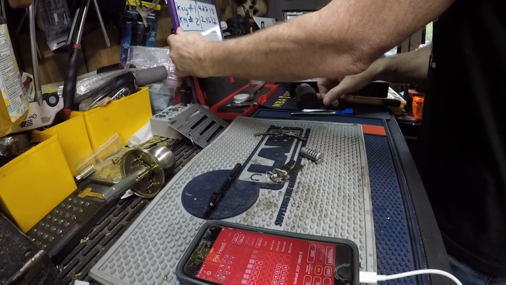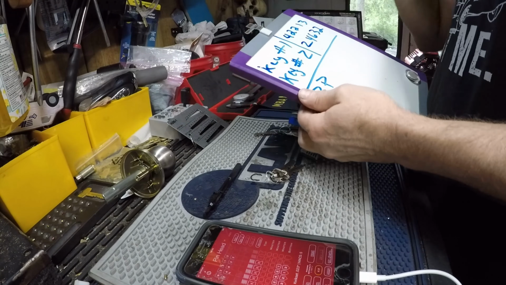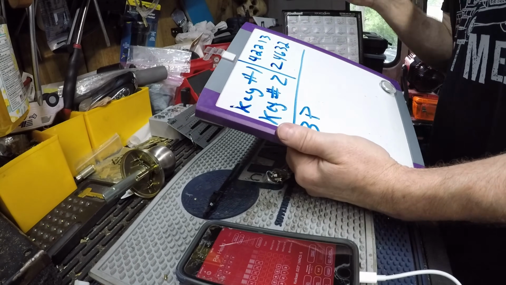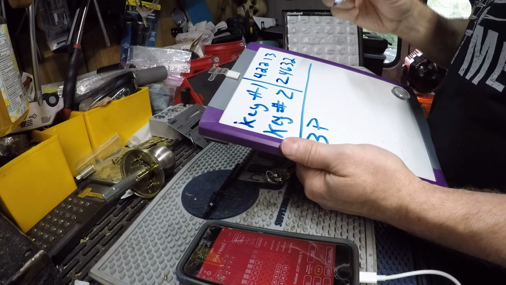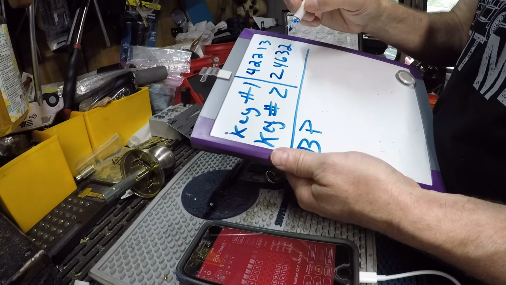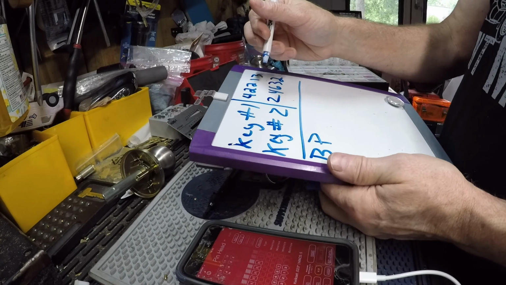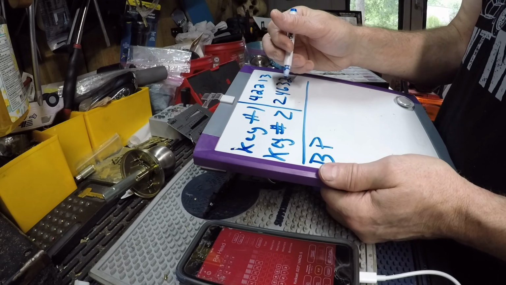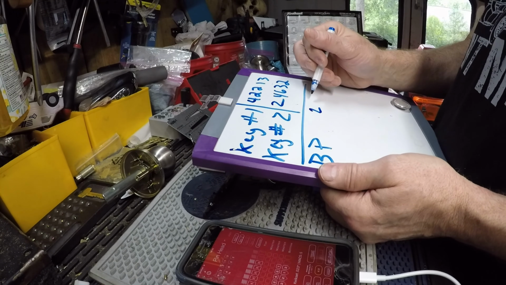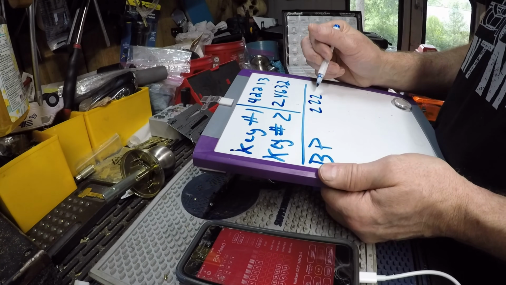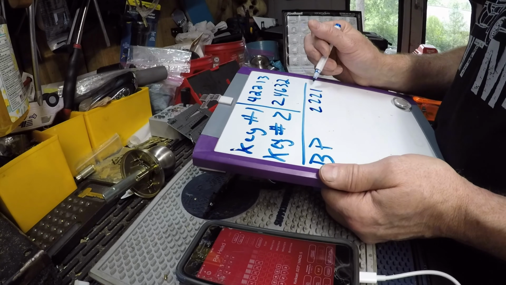With master keying, you can't go smaller than the smallest depth. So with this particular application, of the two, the first cut is going to be a 2, then a 2, then a 2, then a 1, and then a 2.